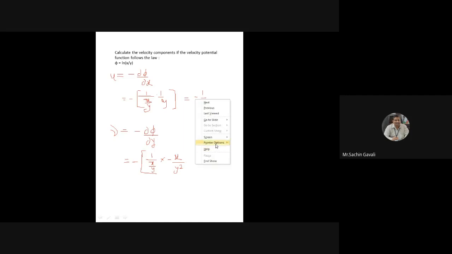And now this we have to simplify. So it will be minus 1 upon y by x, which is y by x, into 1 by minus y, x upon y square.